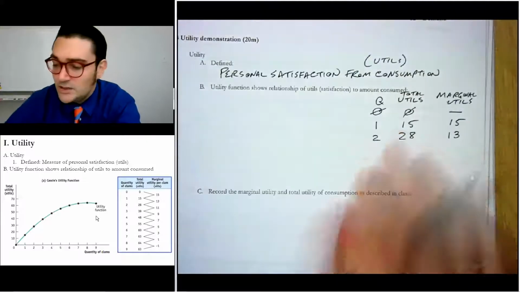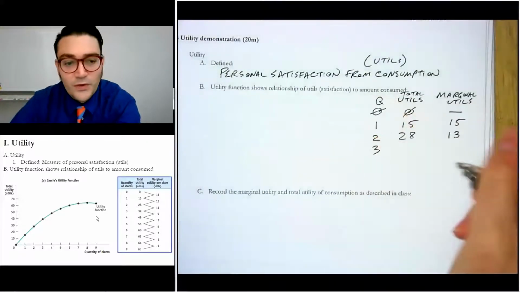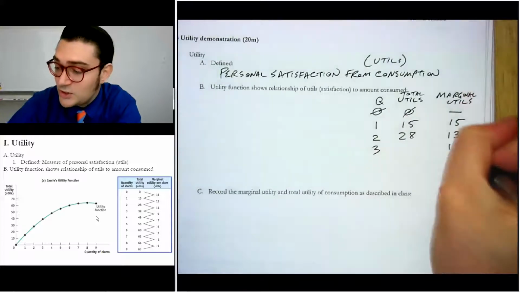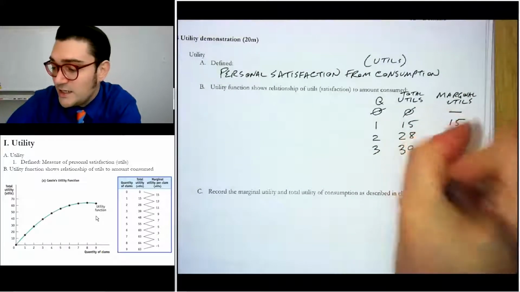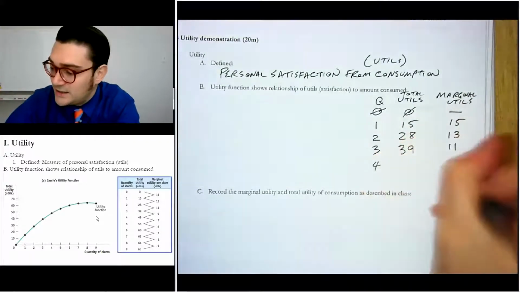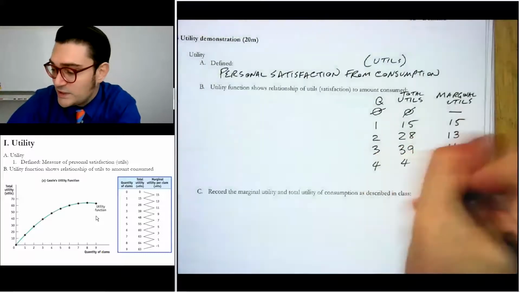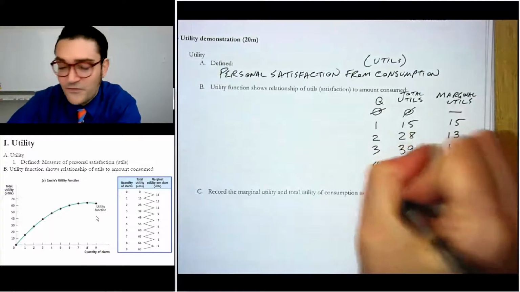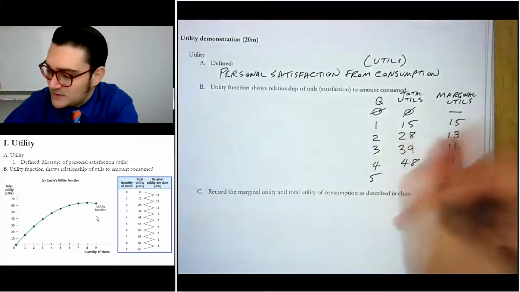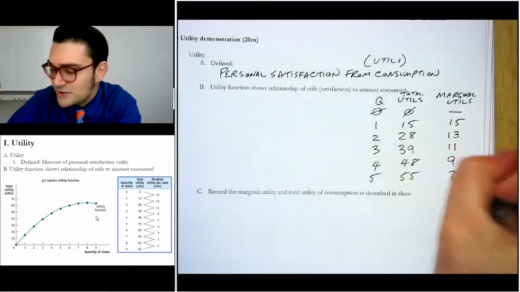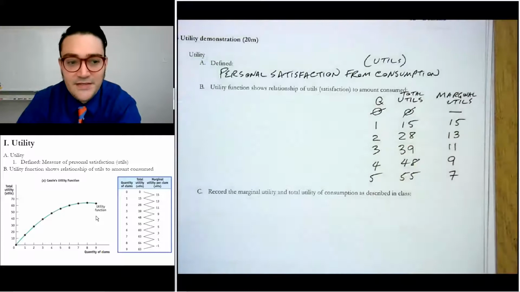Now let's stuff your face even more with a third donut, and that one gives you 11 utils, so you have a total of 39. And then 9, and that's 48. Hopefully I can do math. The next one gives you 7, so 55, and so forth. You can see that here.